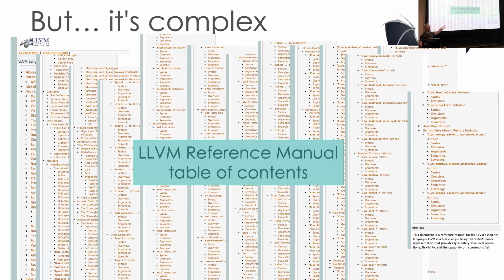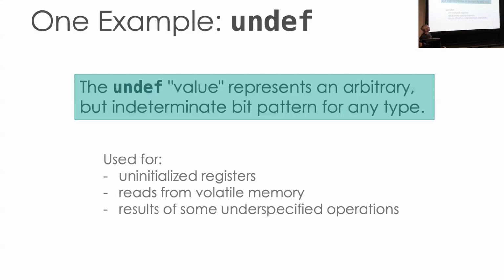This is the table of contents for the reference manual, which is big. And just to give you one example of things that are a little bit complicated, I always like to point to undef as a concept. LLVM as an intermediate representation, I like to think of it, is not really a programming language. It's more like the specification of a family of programming languages, because the semantics is actually quite non-deterministic.